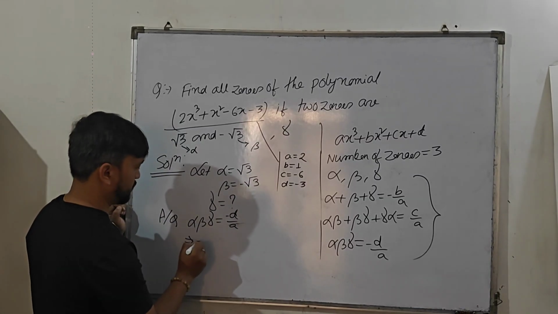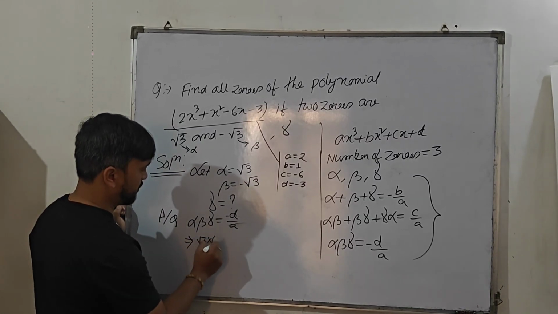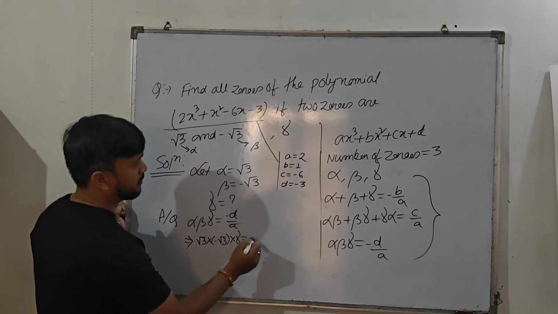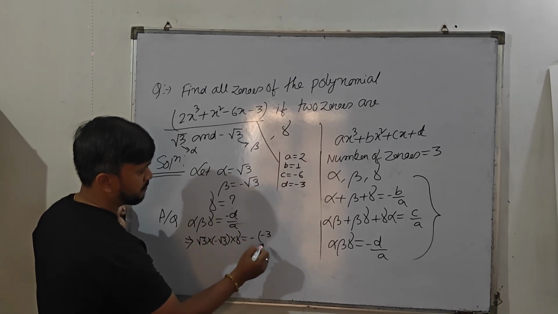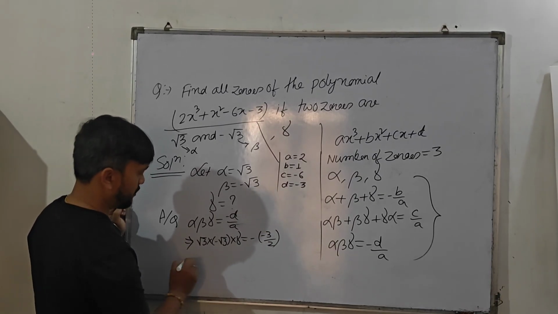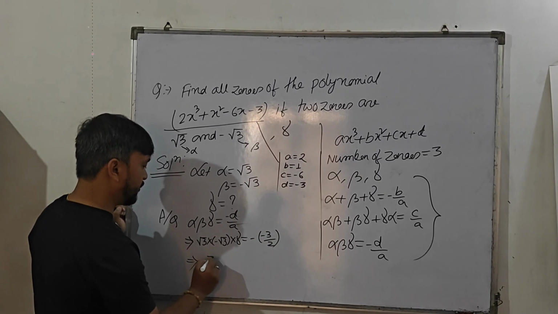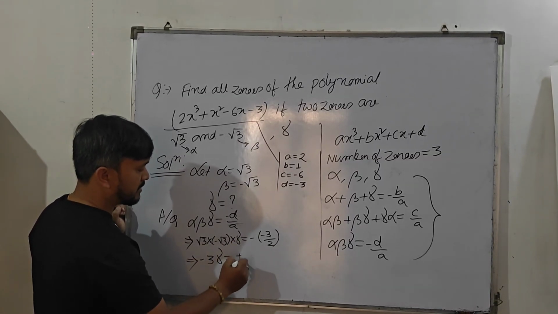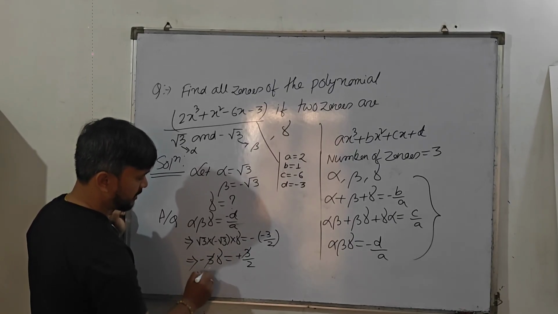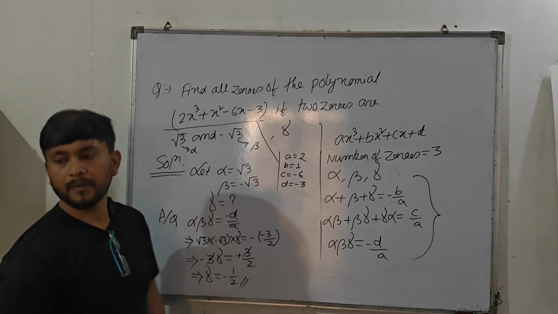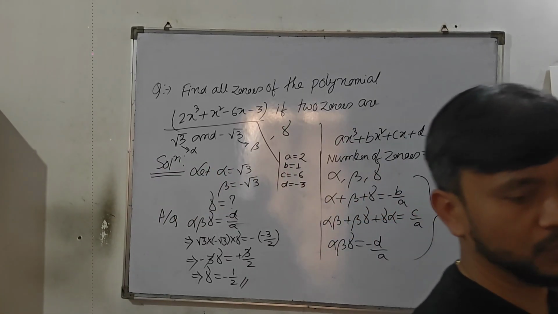Put their values: root 3 minus root 3 plus gamma is minus 1 by 2. Root 3 and minus root 3 will cancel. So gamma is minus 1 by 2.